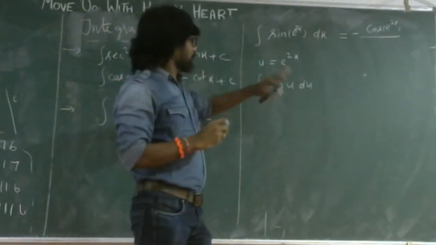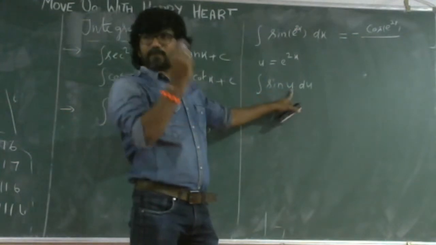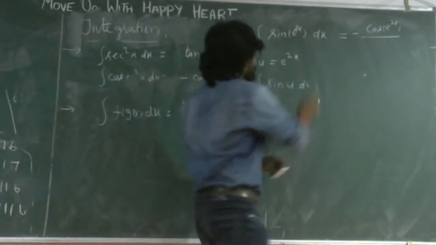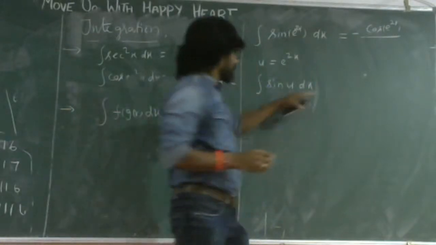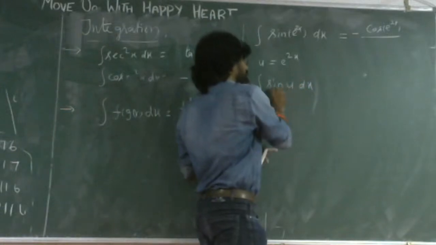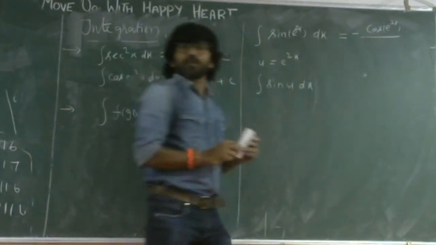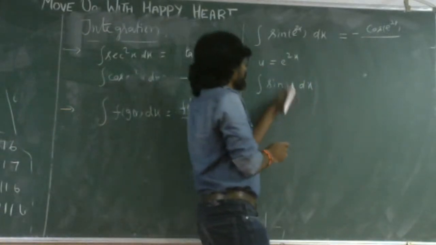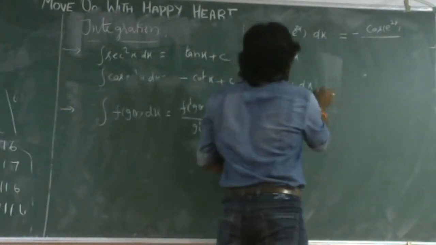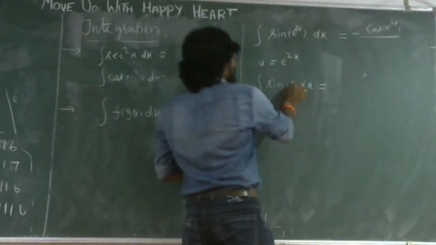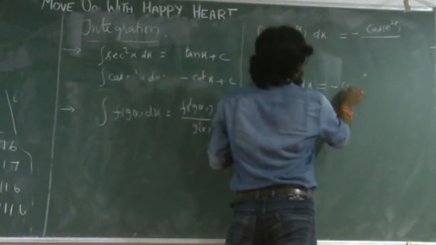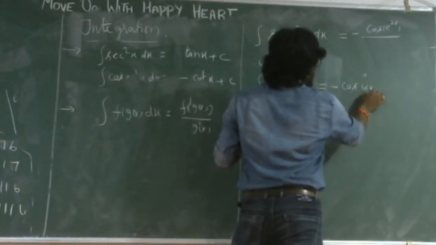Even if you take this with respect to x, because u is a function of x, you can write sin u dx only. But here u is a function of x, so the integral of sin of u of x gives you minus cos of u of x.